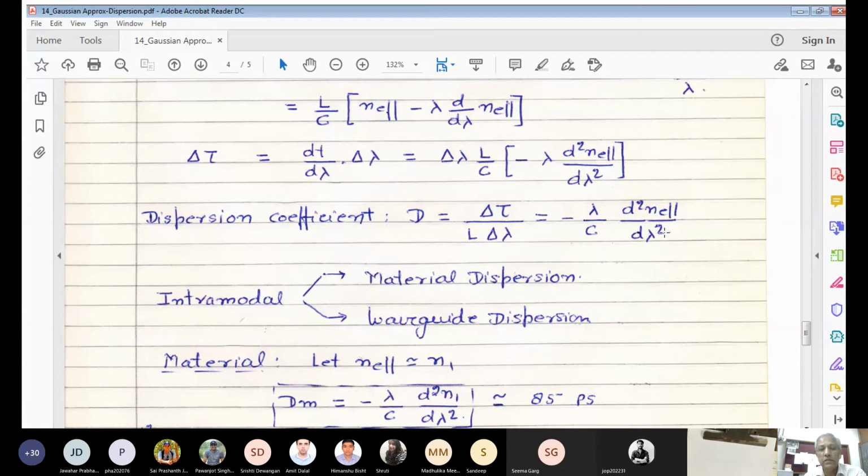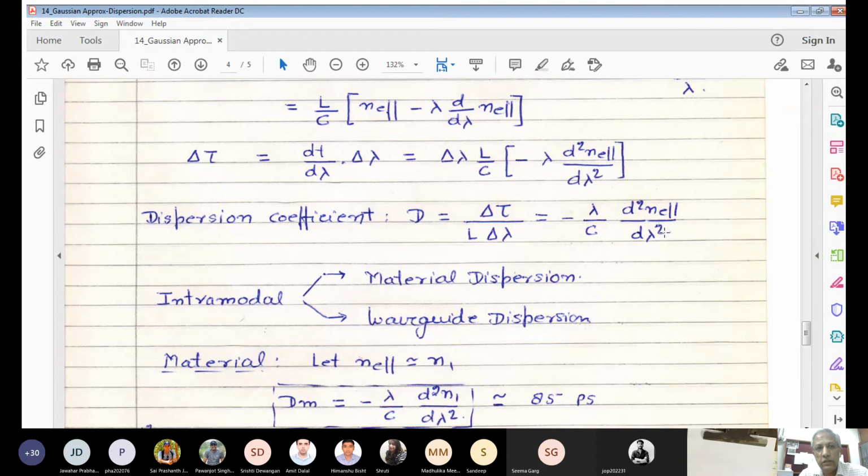So what happens, as we discussed, you have two mediums n1 and n2, and the power carried by any mode in the core as well as in the cladding, the fractional modal power in the core and the fractional modal power in the cladding, is decided by the V parameter. If you remember, if the V parameter increases, each mode confines more and more in the core, its fractional modal power in the core increases.